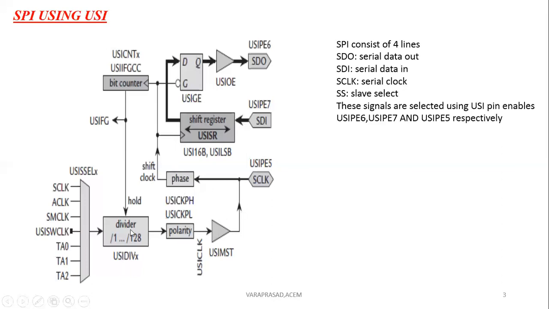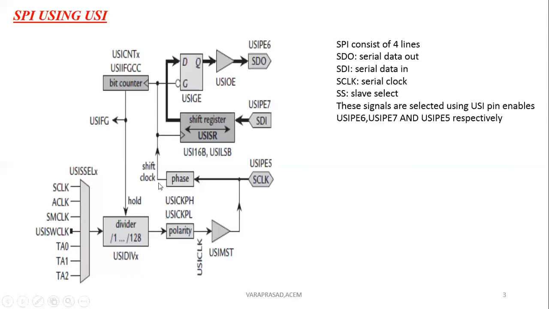This clock is generated using different clock sources: SM clock, USI SW clock, where SW means software clock, so by using programming you can generate the clock, and also Timer A0, Timer A1, and Timer A2. By using these sources, we can generate any clock.